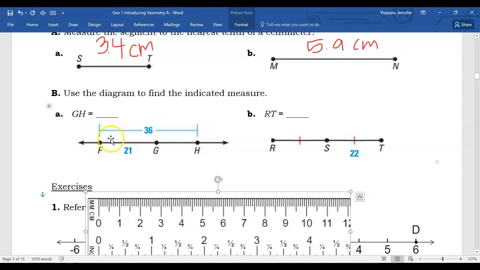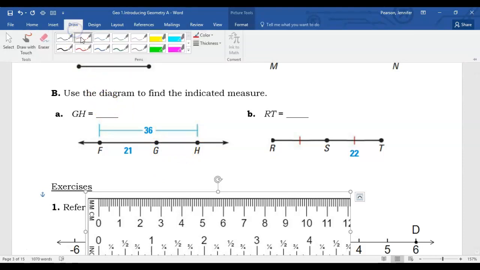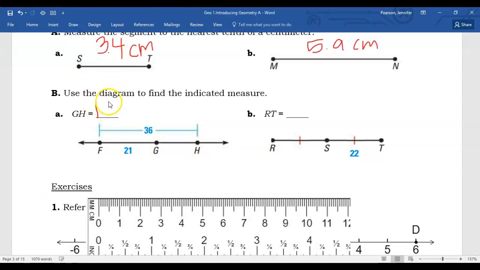Starting at point F and going to point G is exactly 21 units. So if this whole thing is 36 and this piece of it is 21, I can take the whole piece, which is 36, and subtract this piece right here, that's 21, and that leaves me with 15 units to go from G to H. And I should write the word units because I don't have inches or centimeters, it's just 15 units.